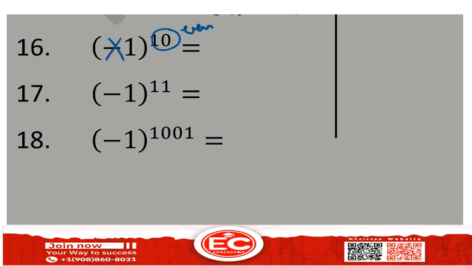And 1 power 10 is equal to 1, not 10. It's 1 times itself 10 times, so it's 1. The power here is odd, so I put down the negative. And 1 power 11 is 1. The power here is odd because it ends with 1, so the answer is negative 1.